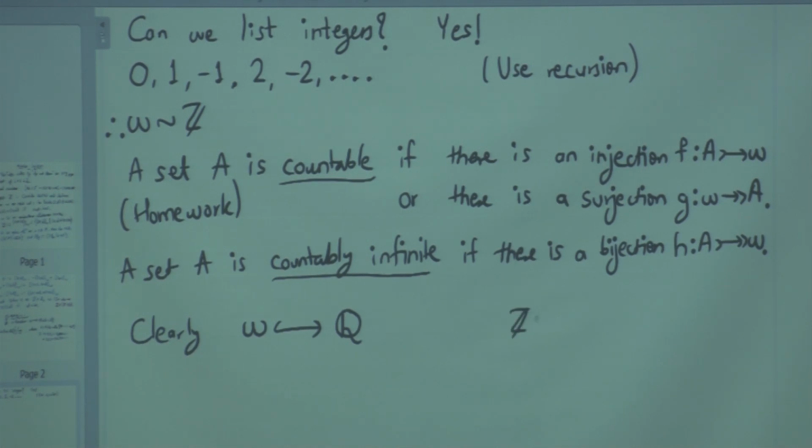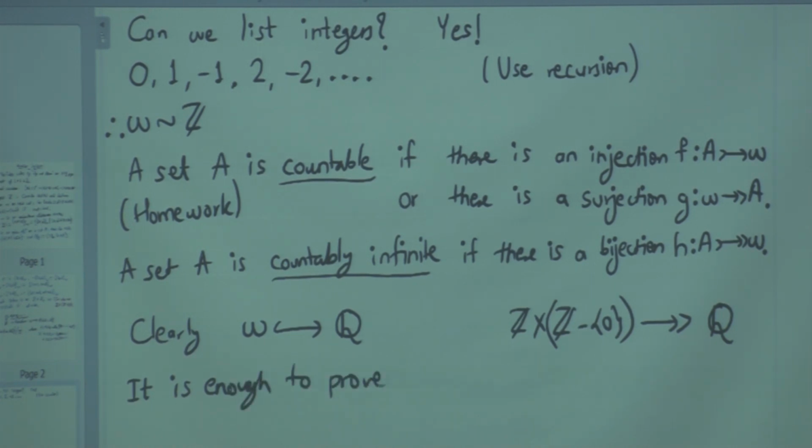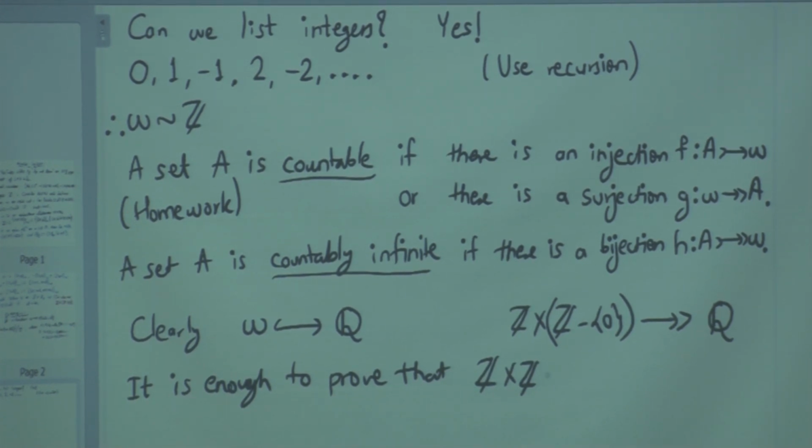Maybe I should write this down. So Z cross Z minus 0, if that's the notation we are using, then from here to here there is a surjection. That's how we constructed rational numbers. So it is enough to prove that Z cross Z, or Z cross Z minus 0 equivalently, is countably infinite.